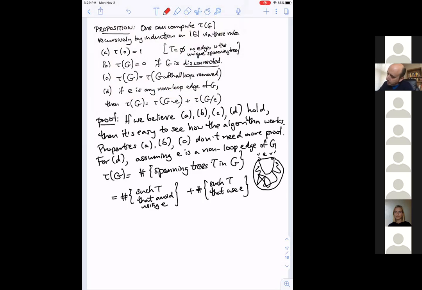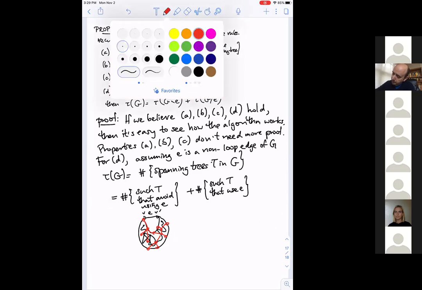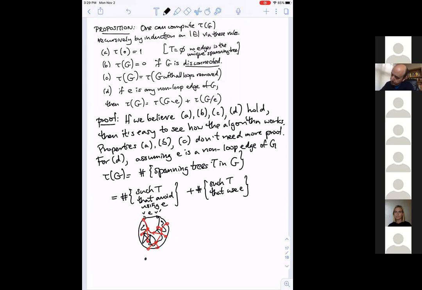And the point is, if you've got a spanning tree, let me draw it in red, that manages to somehow avoid using that edge E, then that's the same thing as just a spanning tree in G without the E, with E deleted. Maybe I'll just do this. Again, I seem to keep forgetting that I have the capability to copy and delete things.